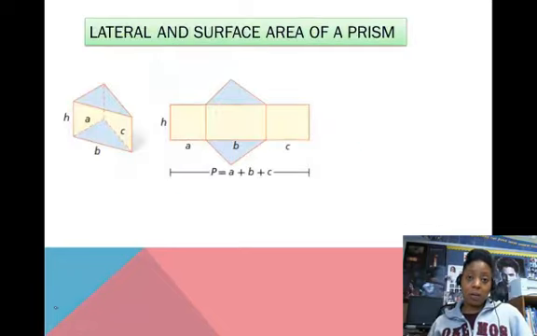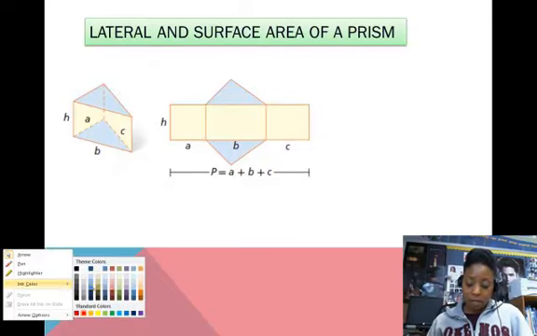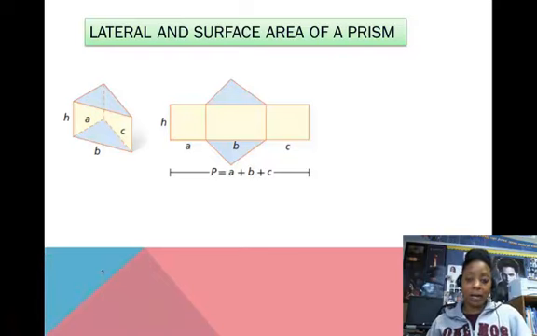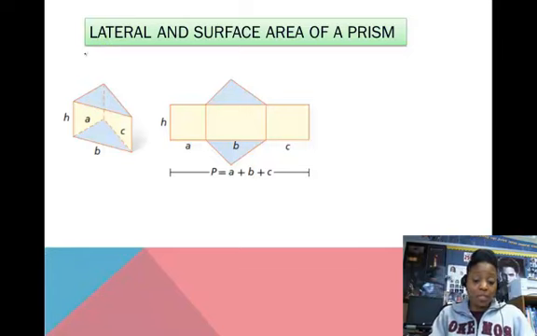Okay, so let's talk about what lateral area and surface area of a prism is. Lateral area means nothing more than the area of the lateral surfaces, or the area of the lateral faces.